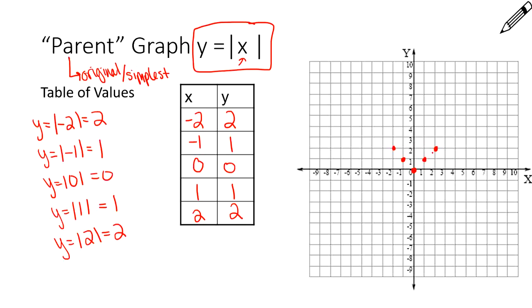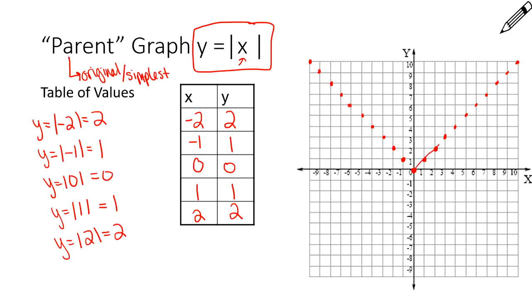And then we could keep going, right? We know what's going to happen: it's going to be (3, 3), (4, 4), (5, 5), and so on up to (10, 10). And then it's going to be (-3, 3), (-4, 4), (-5, 5), and so on down to (-10, 10).